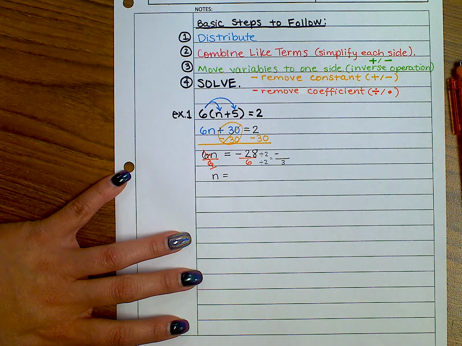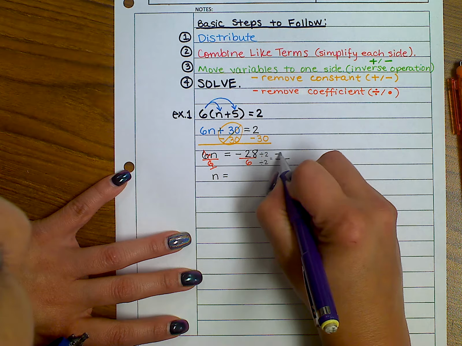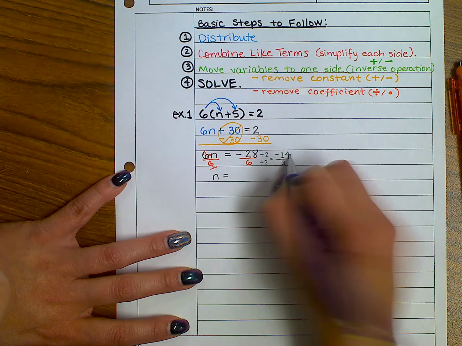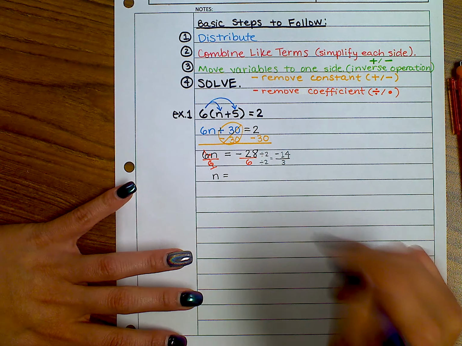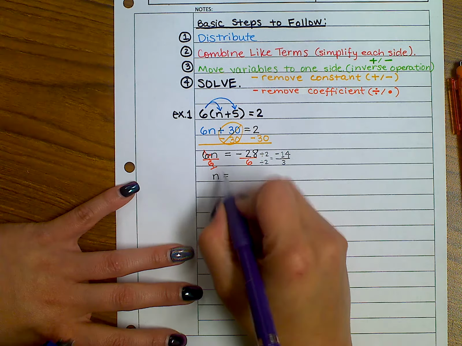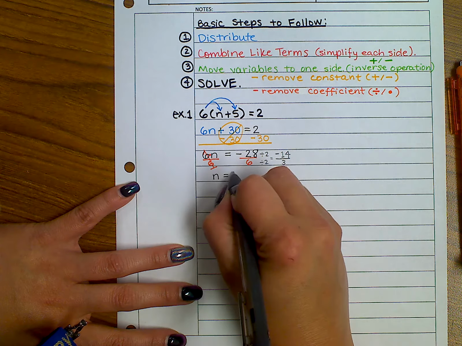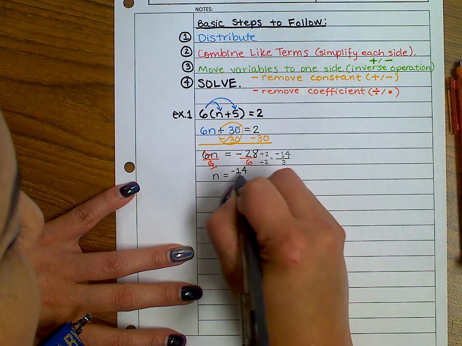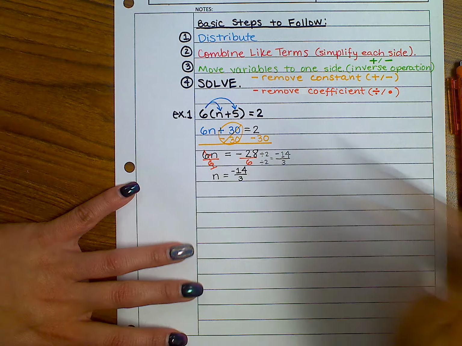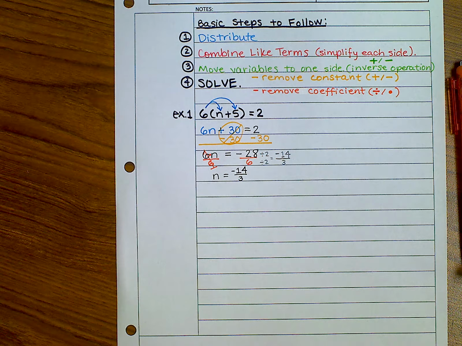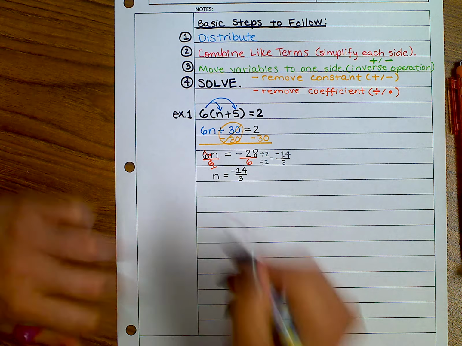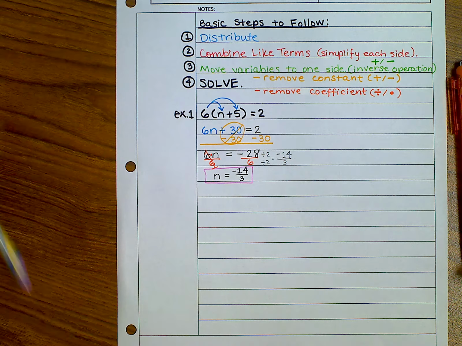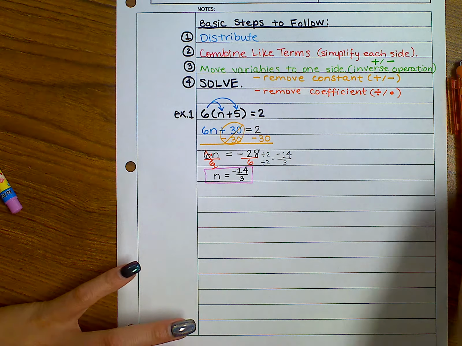Sorry, I don't know why they ring that bell. All right, that would give me 14. There we go. So that means my final answer is negative 14 over 3. And I'm going to go ahead and box my answer. Okay, lovely. Let's go ahead and move on to our next example.